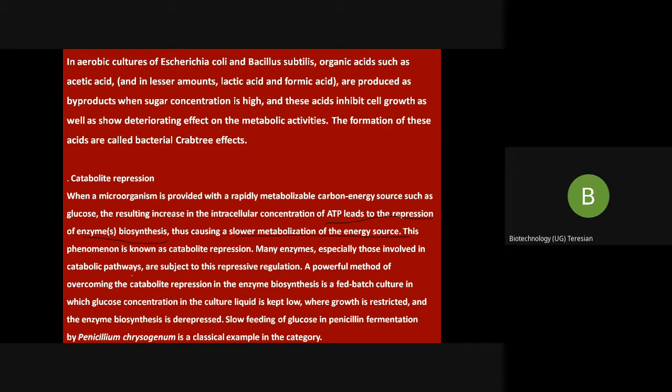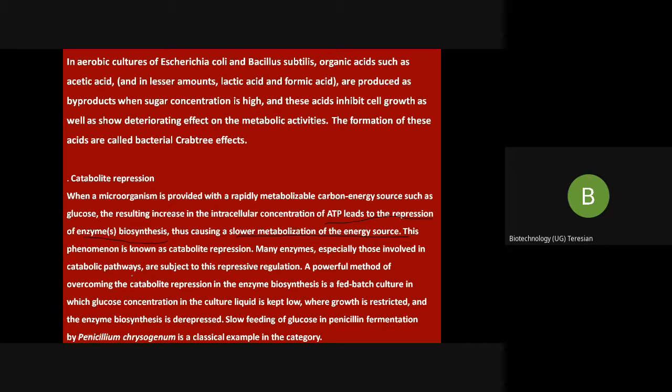That is what is happening even in your microorganism and even in humans, right? You keep the glucose concentration low, where the growth is restricted and the enzyme biosynthesis is derepressed. So slow feeding of glucose can avoid this catabolite repression.